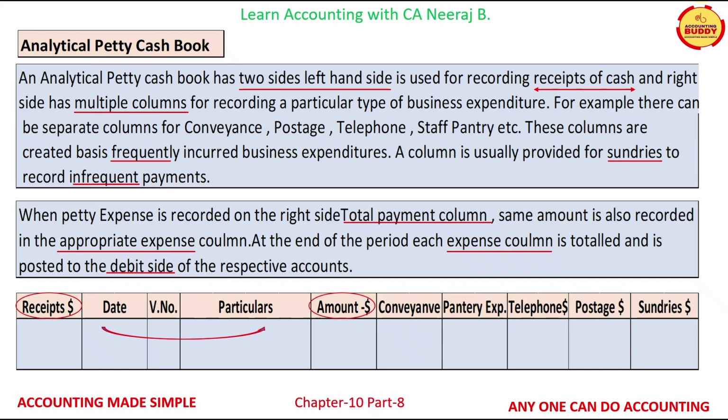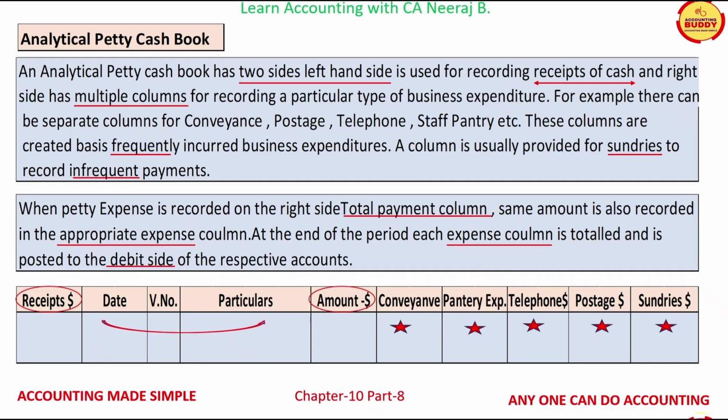Then we have expense head columns for all the frequently incurred business expenses such as conveyance, pantry expenses, telephone expenses, postage expenses, and one column for sundry expenses. These expense columns vary from business to business.